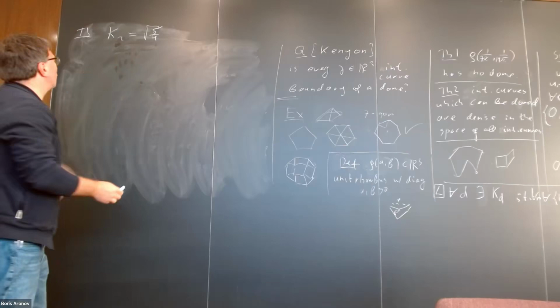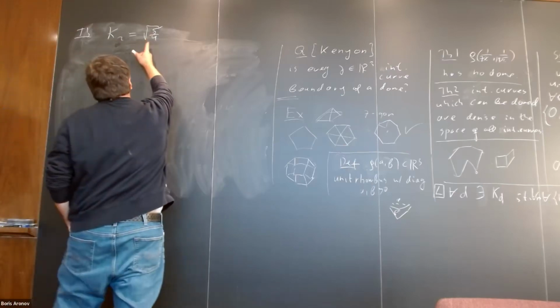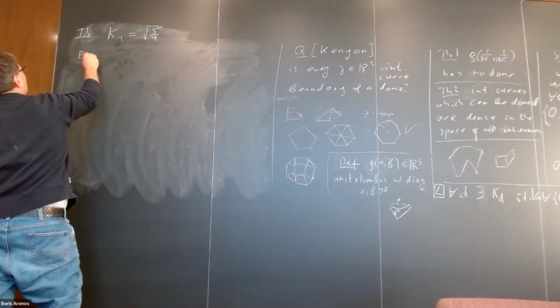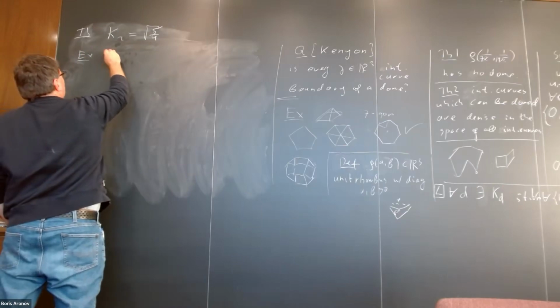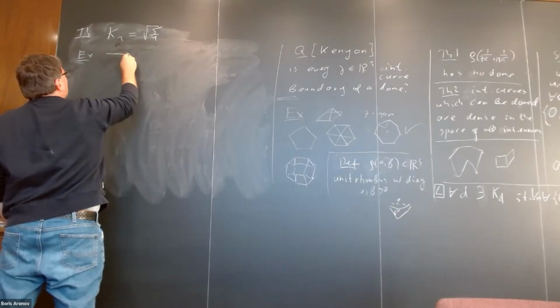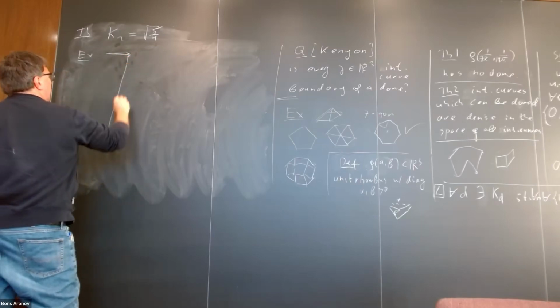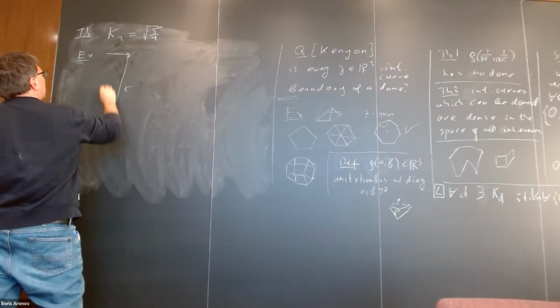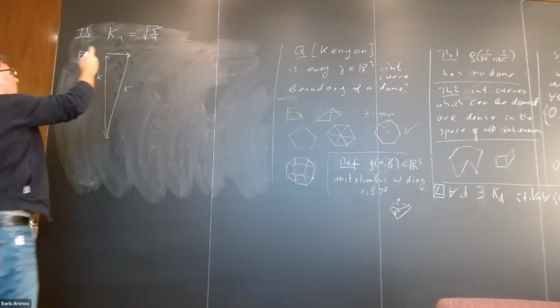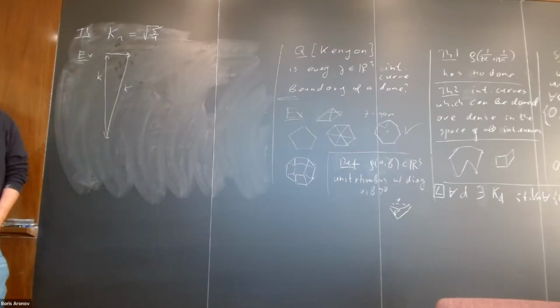It shouldn't be that hard. To understand that constant, we need an example of the following kind. Take k unit vectors this way, k unit vectors that way.